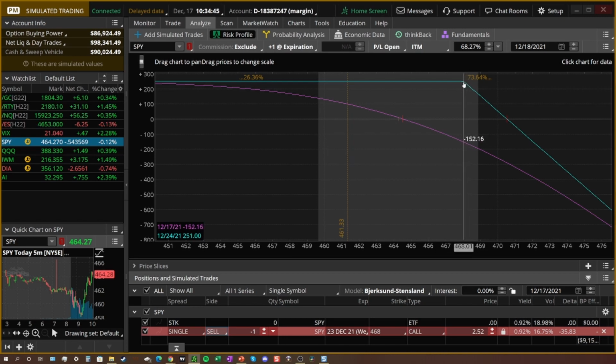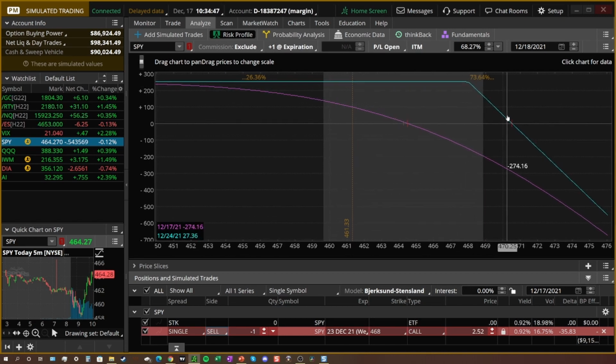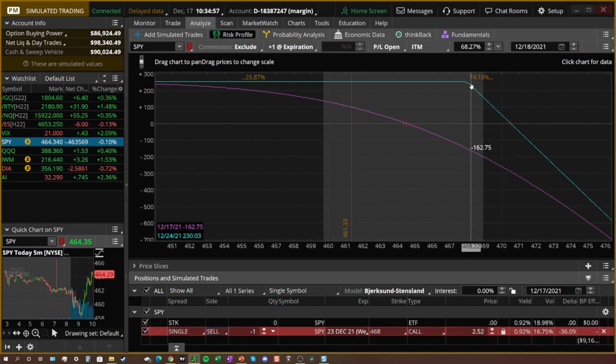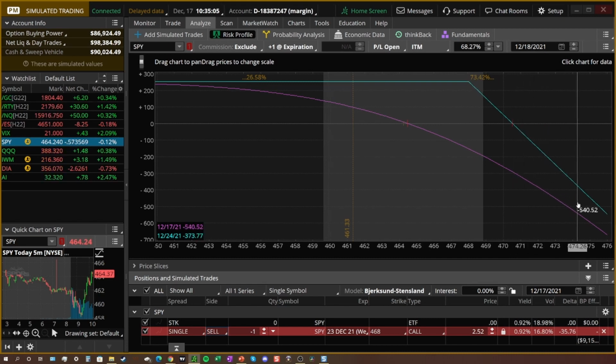You have incremental gains to break even, between the strike that you sold, if you sold the 468 strike, to break even. And anything the stock does above that is a loss, and the losses get larger the farther the stock goes.